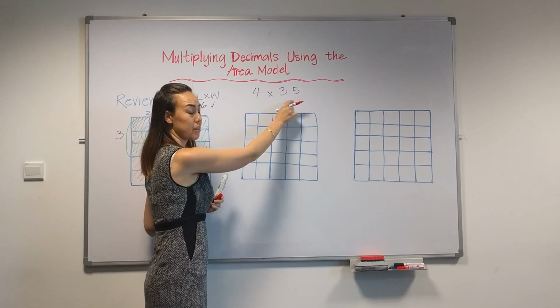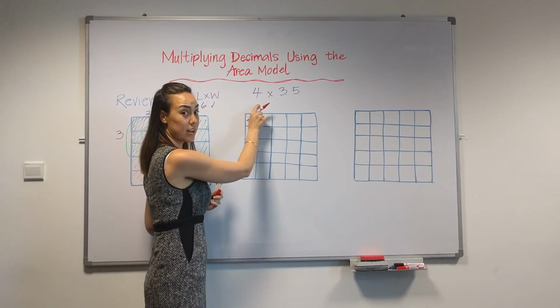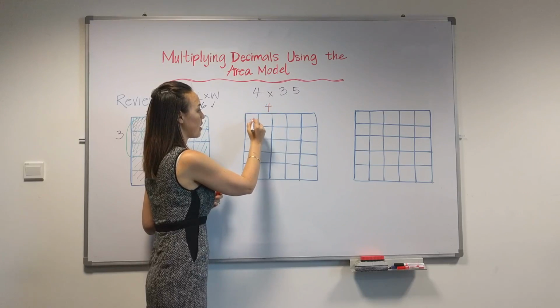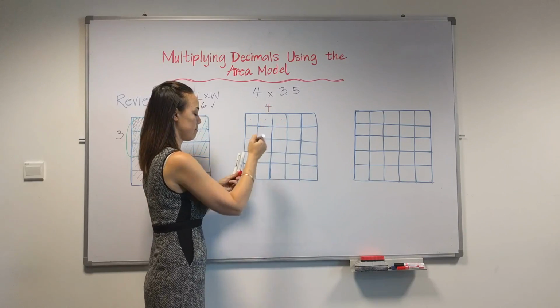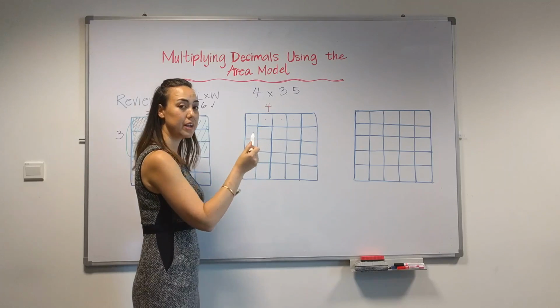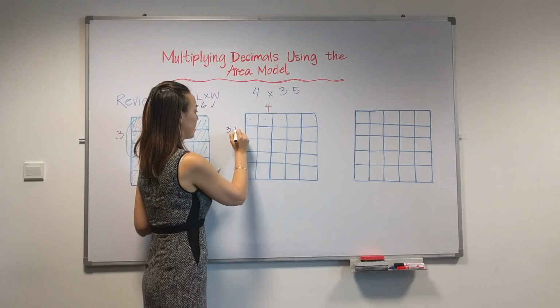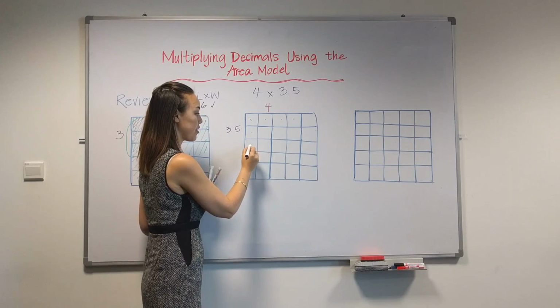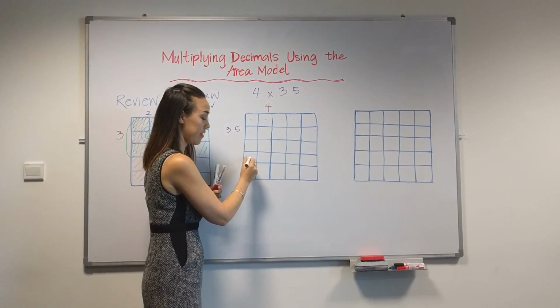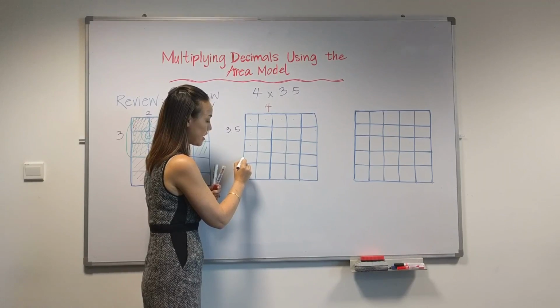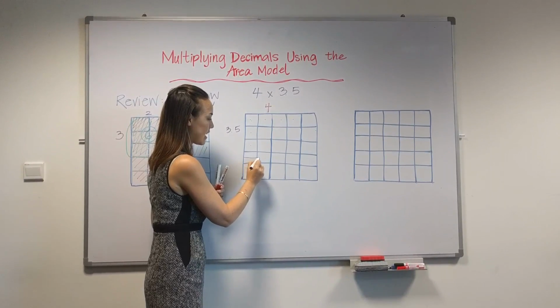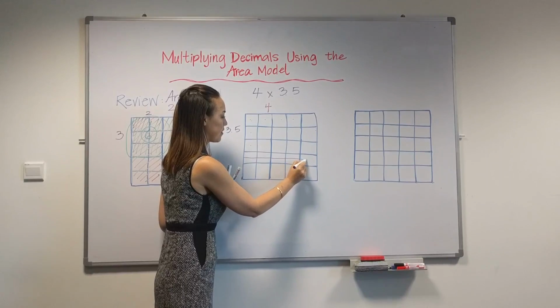Length times width. So I'll be going 4 squares across the top. 1, 2, 3, 4. And I'll be going 3.5 squares vertically or down. 1, 2, 3.5. For this one, I'm going to make sure that I draw a new line in to indicate half of a square.